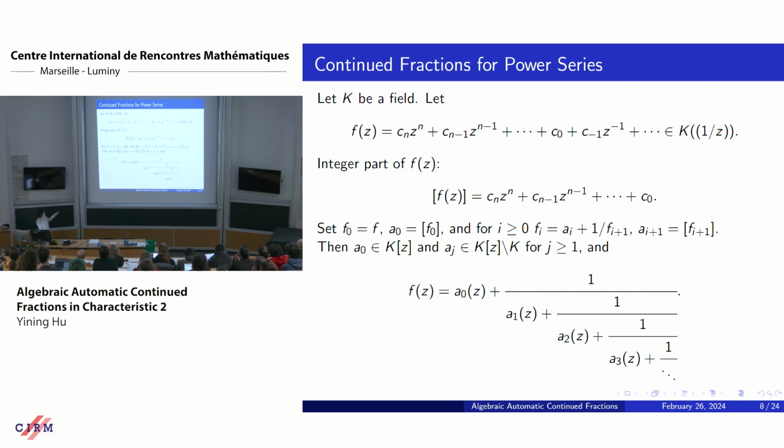And then we can use the continued fraction algorithm to find its partial quotients. Here the partial quotients are polynomials. In the real case, partial quotients are integers. So this process is exactly the same as finding the continued fraction expansion for real numbers.